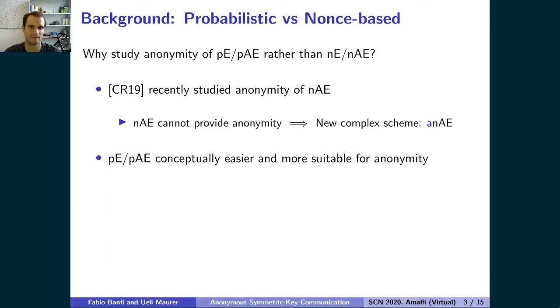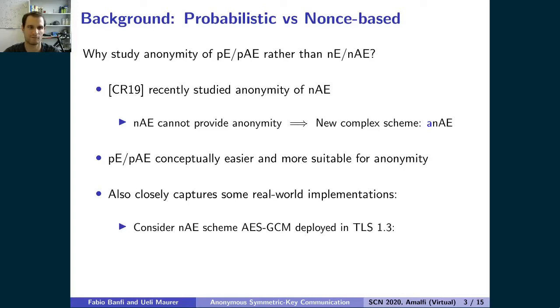So this sets the stage for our work, because here we show that PE and PAE are actually better suited for anonymity, since such a transformation is not at all necessary. They can provide anonymity right away. And moreover, PAE also closely captures some real-world implementations.